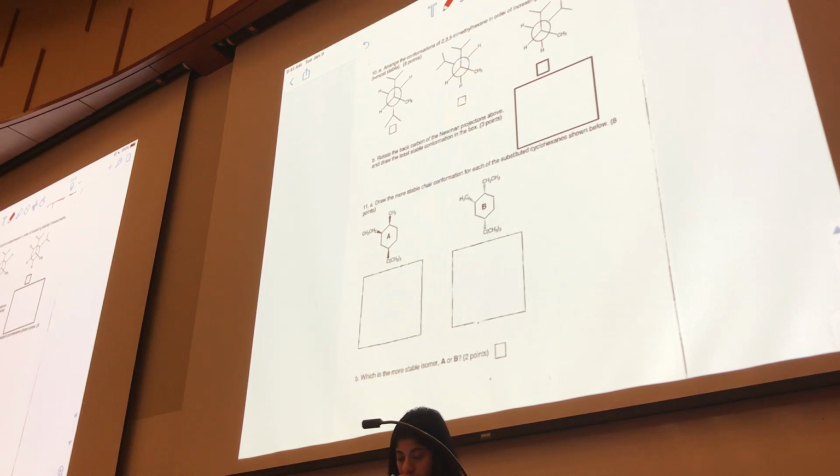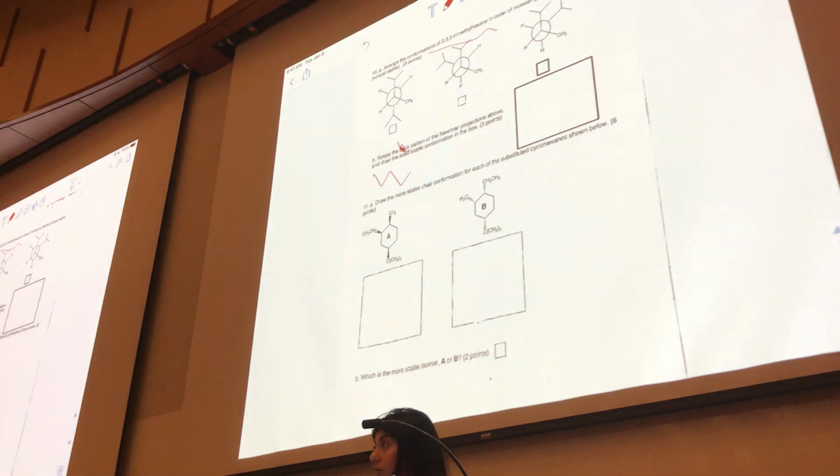Let's look at number 10. Arrange the conformations of 2,3,5-trimethylhexane in order of increasing stability. It's really nice that she drew it out for you. She may just give you the name and expect you to be able to draw it. Okay? So just a brief summary. This is not the molecule that is written here, but for Newman projections, you're going to say that your eye is here.